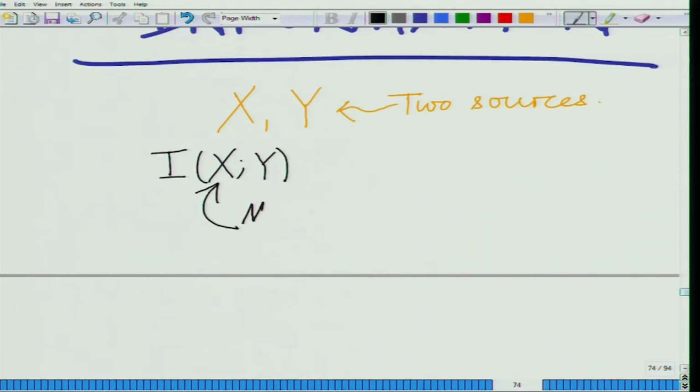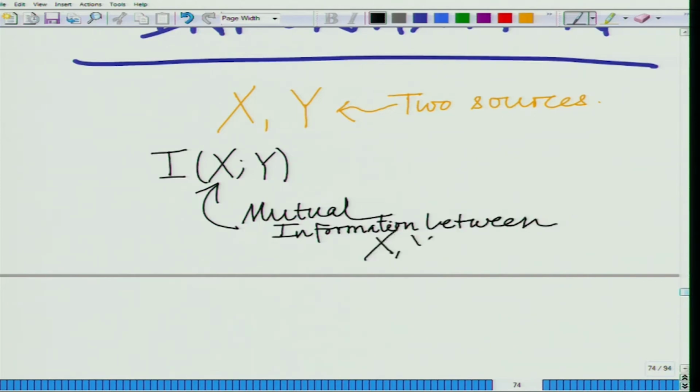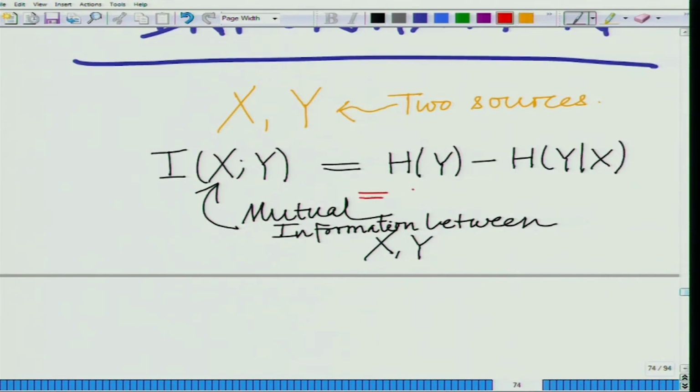This is the mutual information between x and y, that is equal to H(y) minus H(y given x), which is also equal to H(x) minus H(x given y).